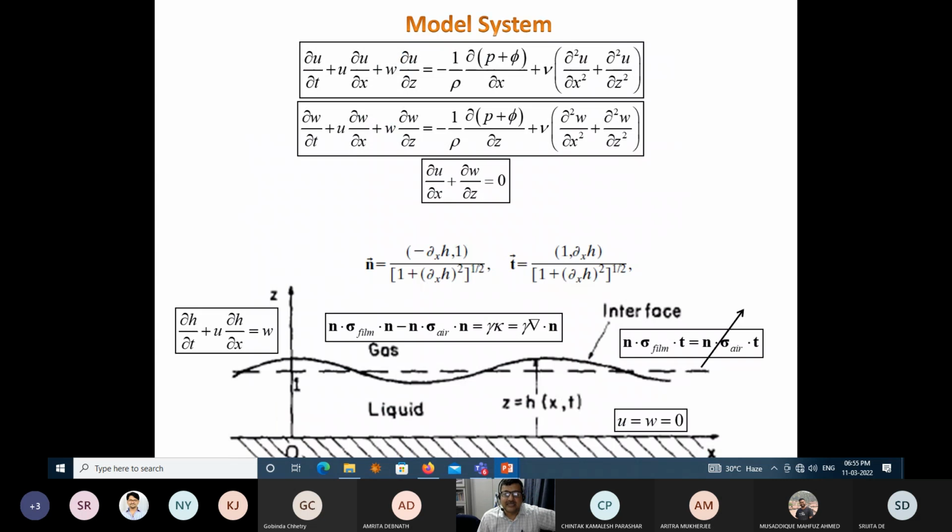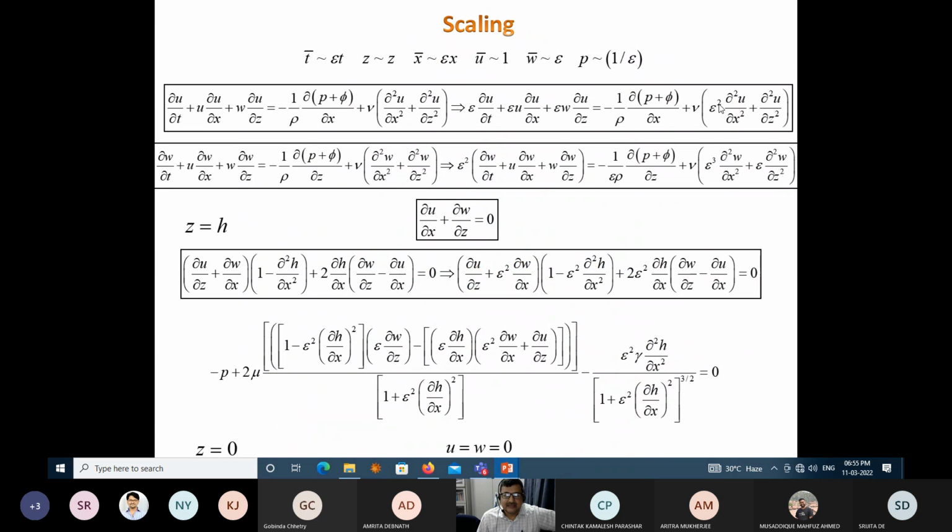Now, second question that I ask: what is the length scale? Here, what we are trying to do is set up a kind of scale for every system, every particular parameter, and identify which parameter is large and which parameter is small.